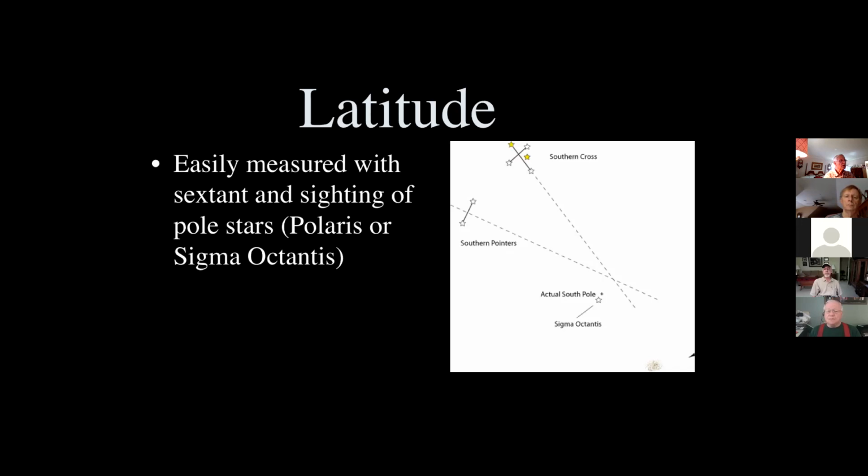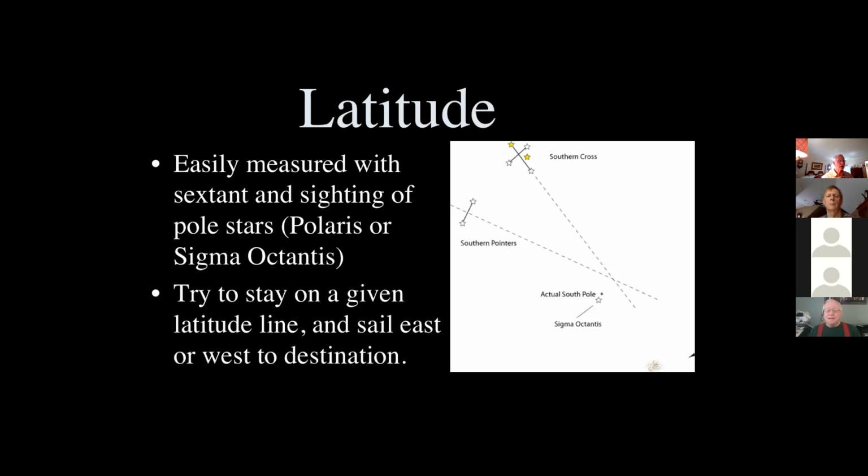And so what was done for most of these voyages up to this time is, because latitude was pretty easy, you would figure out what the latitude was of the destination you were headed for, and you would get to that latitude and then try to sail east or west to get there.